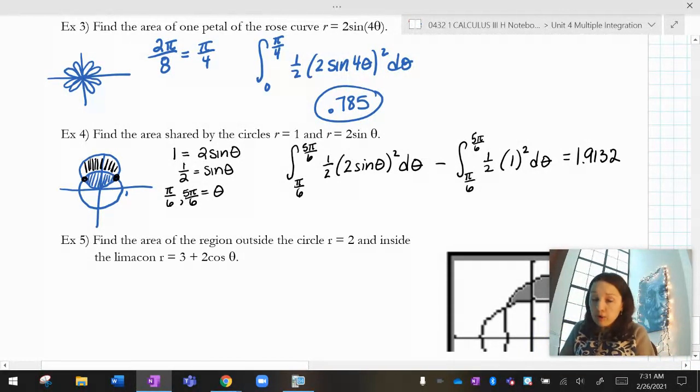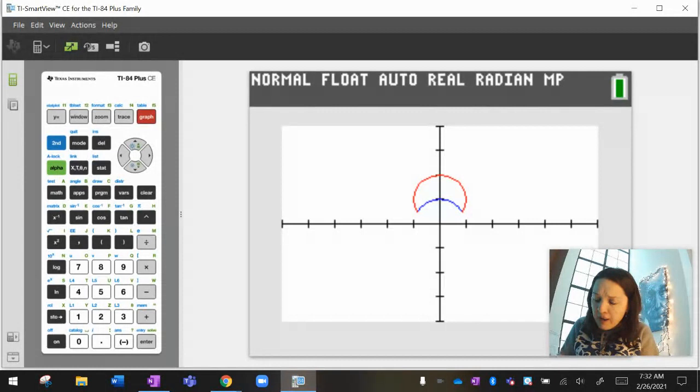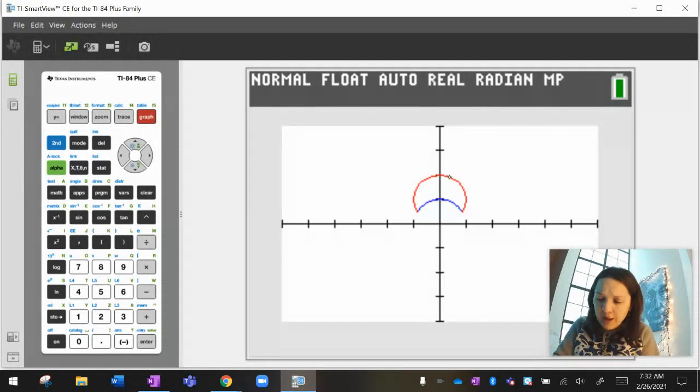I wanted the blue part. So now I'm going to realize, well, the black plus the blue makes a circle. It makes this circle on top. And if I go back and look at the graph, I realize that that circle on top actually just has an area, it's the area of a circle, pardon me, whose radius is also 1. That red circle that we graphed is a circle with a radius of 1.